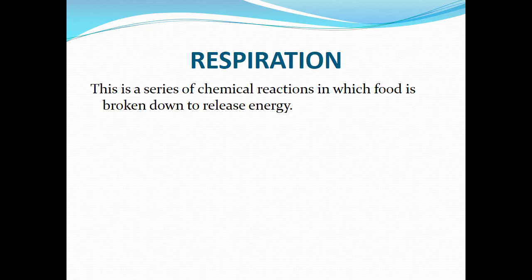This occurs in the cell, and we call it cellular respiration. So when the food that is eaten is digested, the oxygen of the air acts on this food and further breaks it down to release energy that is used for day-to-day activities, and we call this process respiration.